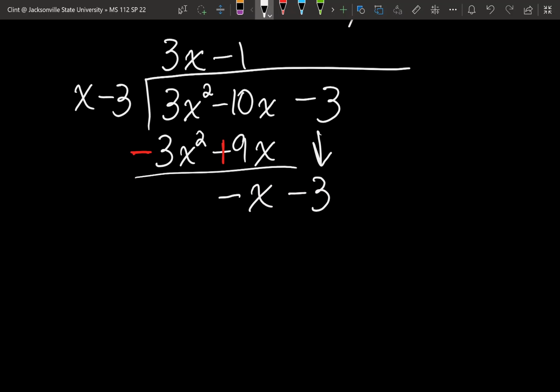And then if we do the negative 1 times the x, we get negative x. We do negative 1 times negative 3, we get positive 3. And we want to subtract, so the way we can do that is we can change the sign, so plus x minus 3.